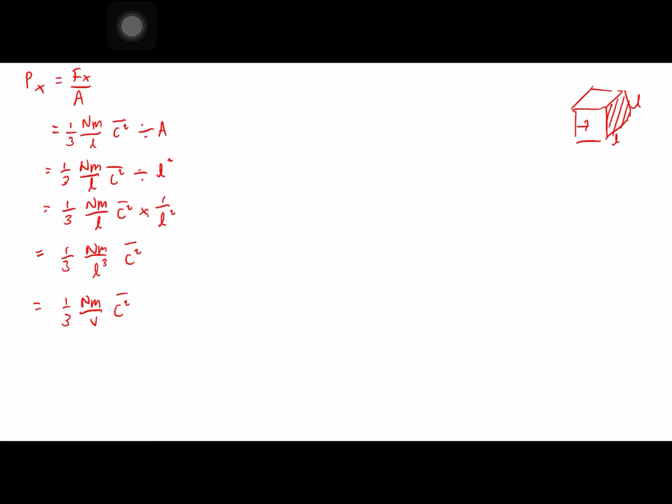So what does this equation actually mean? What does N stand for? N stands for the number of molecules or number of particles, right? What is small m? Just now we said that small m is the mass of one molecule. So if I have the number of molecules multiplied by the mass of one molecule, what does that give us?